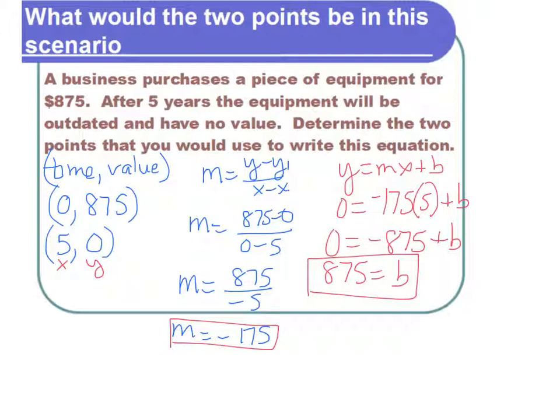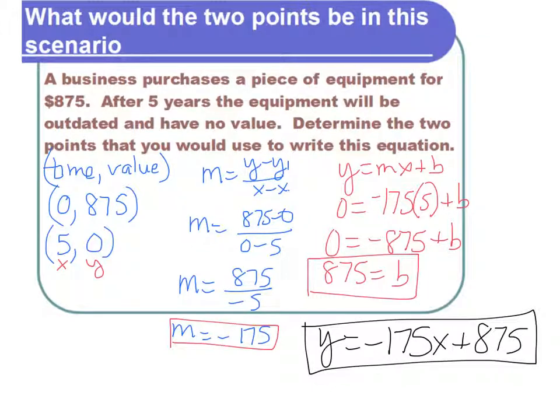So my equation then becomes y equals negative 175x plus 875. And so you could start plugging in numbers. It doesn't ask anything on this one, but they just want the equation, so we just wrote that. But it's kind of important to understand what's going on.